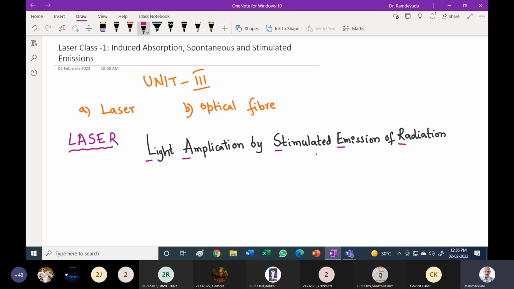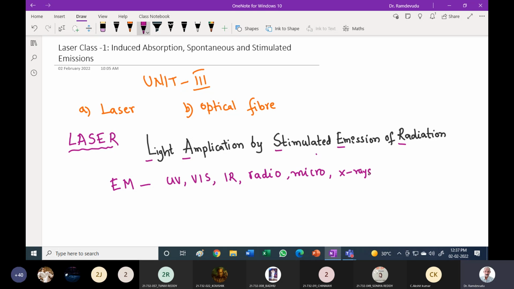The EM spectrum is very large and consists of ultraviolet rays, visible, IR, radio waves, microwaves, radar waves, and many other waves, and of course X-rays also.